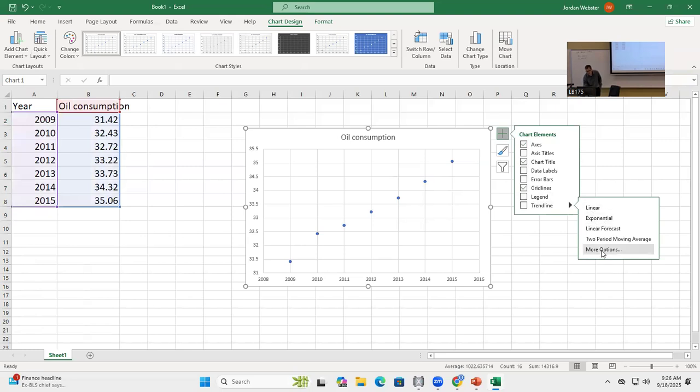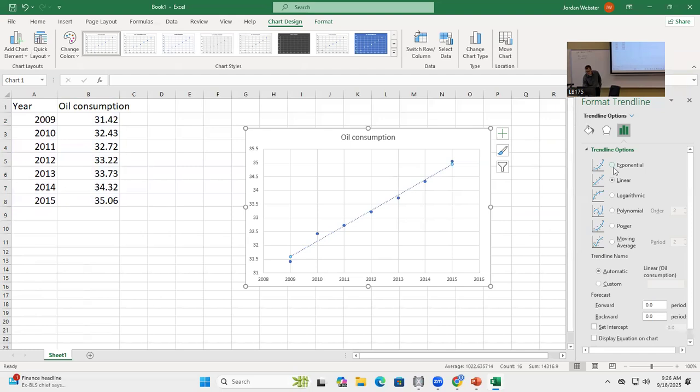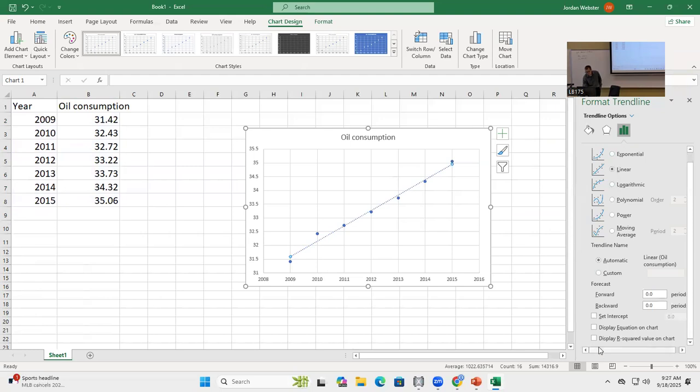Now, the way I'm going to do it is I'm going to go more options. I'm going to put a linear trend line on it. And then I'll display the equation and display the R value. Technically, when I display the R value, it always displays the R squared. So I'd have to take a square root of that number to figure out what the R value is.